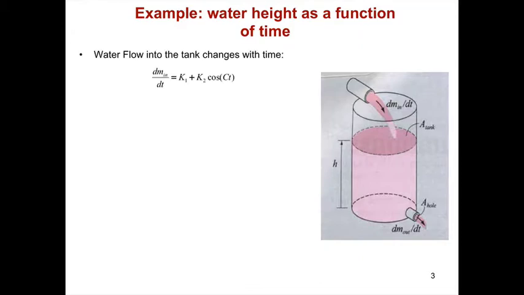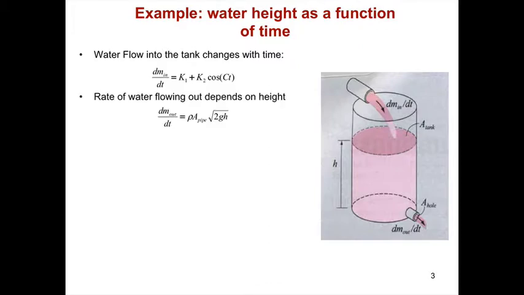So basically my water flow, let's say that it's defined through a cosine, and I have some parameters that I know, K1, K2, and C, that tell me how the mass coming in changes in time. So I just assume that is given.